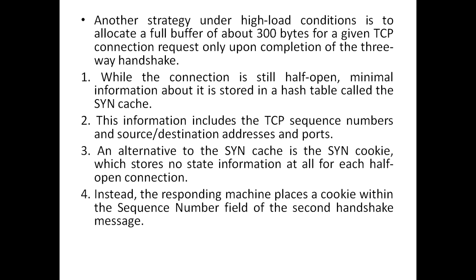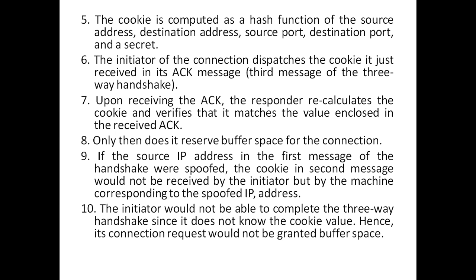An alternative to the synchronization cache is the synchronization cookie, which stores no state information at all for each half open connection. Instead, the responding machine places a cookie within the sequence number field of the second handshake message. The cookie is computed as a hash function of the source address, source port, destination port, and a secret.